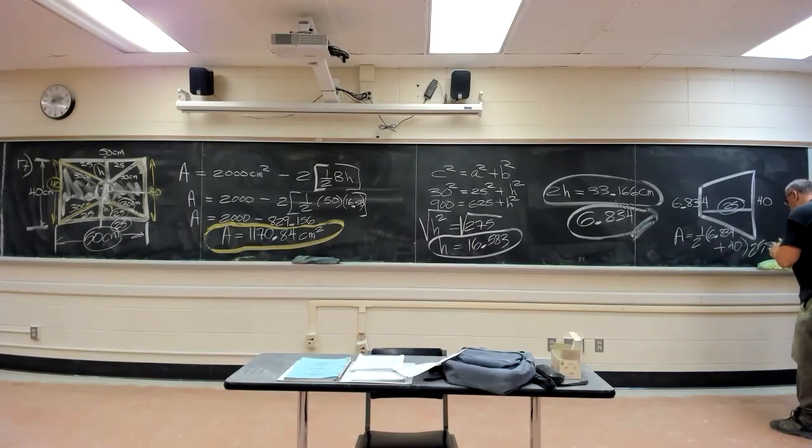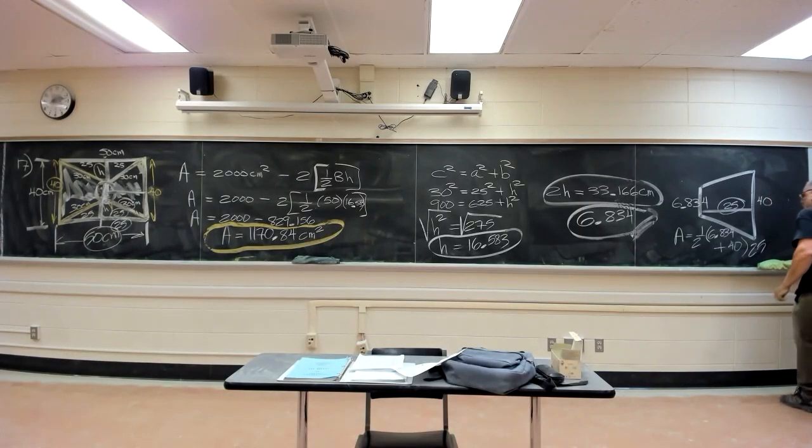6.834 plus 40 times a half is this, times 25 is that, and if you double it, 1170.85.